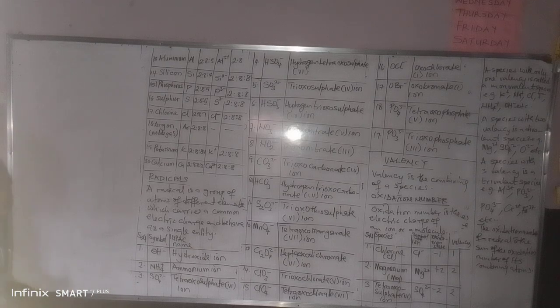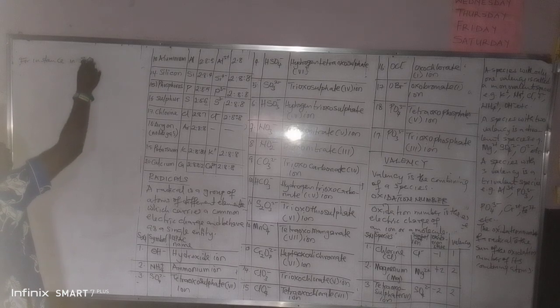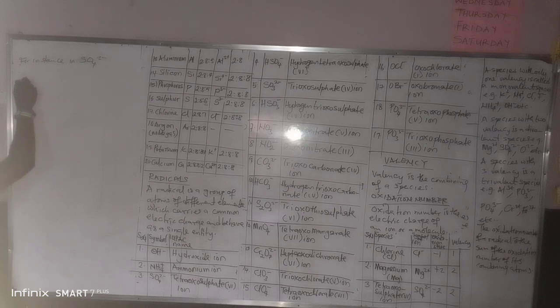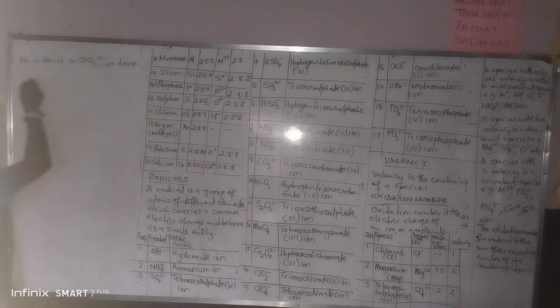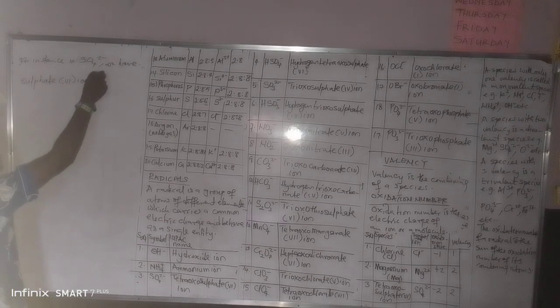Now, what do I mean by what I've just said? If, for instance, let's look at SO4 2 minus. This radical contains sulfur 6 ion, which is S6 plus.